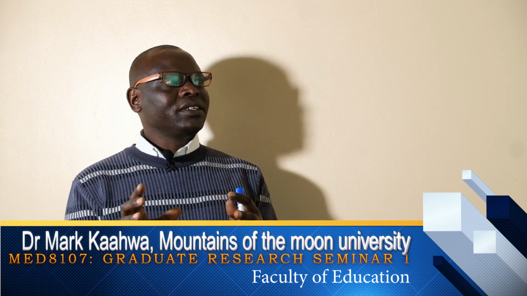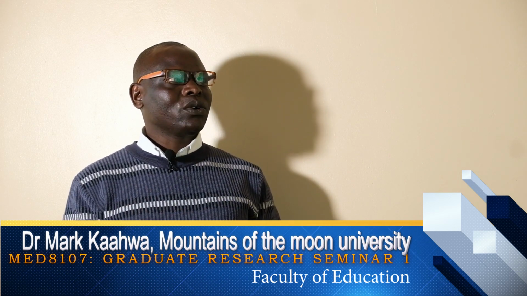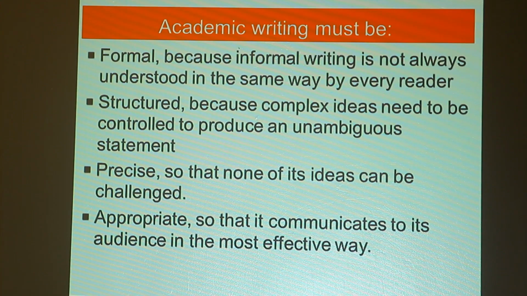Now, academic writing is structured, because complex ideas need to be controlled to produce an unambiguous statement. For example, a manuscript must be structured in a certain way. You begin with the title, you put the authors and their institutional affiliation, then you come to the introduction, and even under the introduction there are different sub-headings, sub-themes that are supposed to be there.